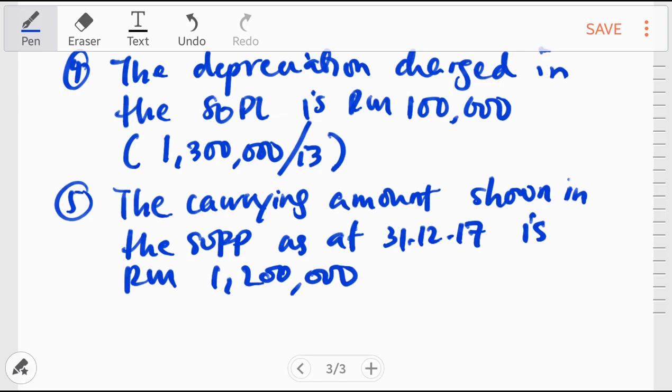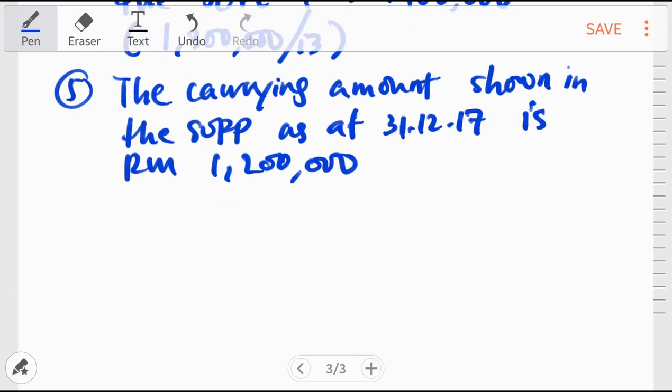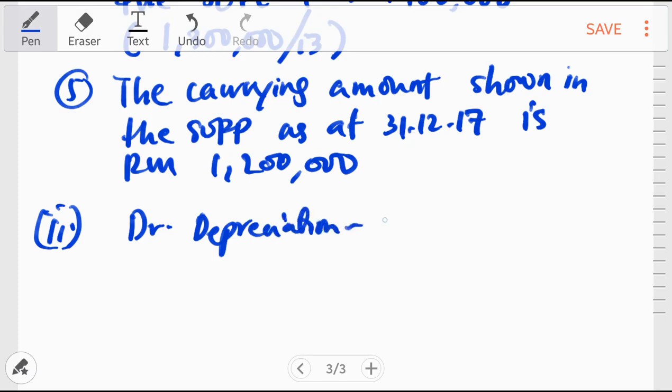Okay, that's it for the first part, which is on identifying the accounting treatment. And the last part, which is part 2, the question asks you to do the journal entry for the depreciation in 2016. So this is a very simple one. So debit depreciation for your equipment.